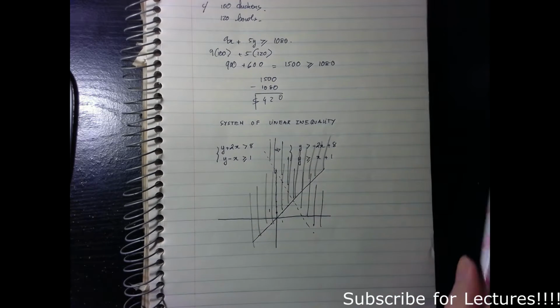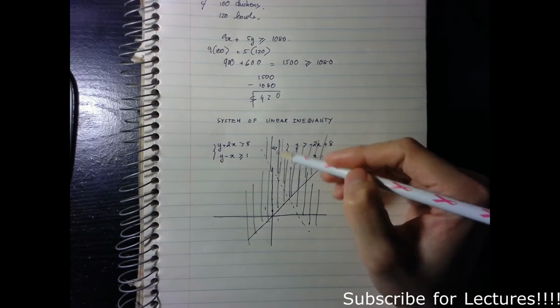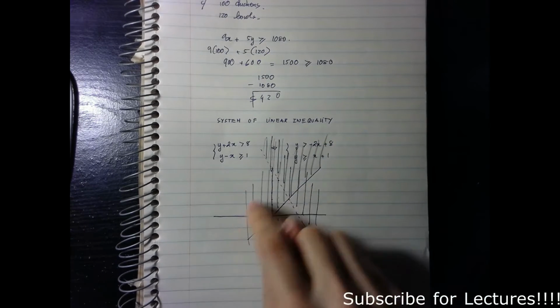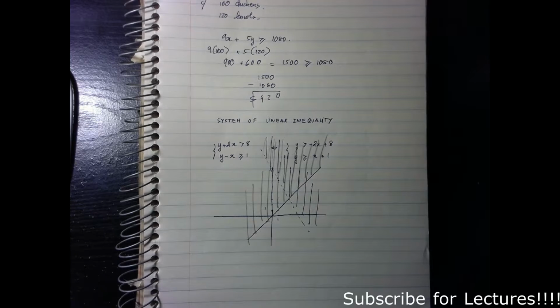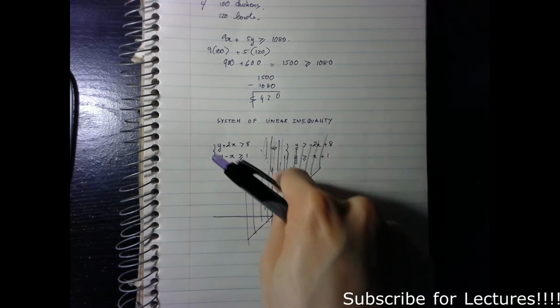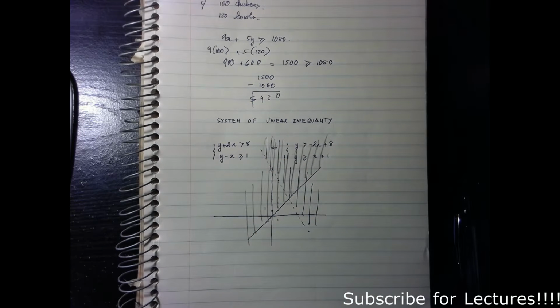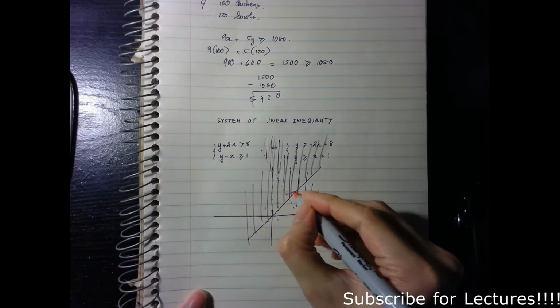Now of course, you can see that the two regions overlap each other, right? And this is the overlapping region right here. So I will use a different color to represent the region.